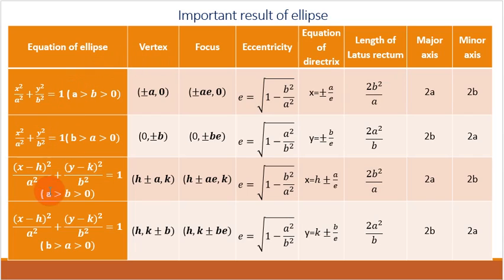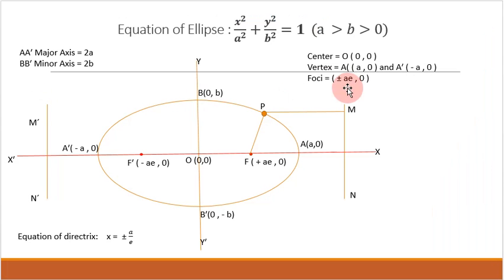We have four forms of equations. One form is this: when a is greater than b, x square by a square plus y square by b square equal to 1, the major axis is 2a. Look at this.